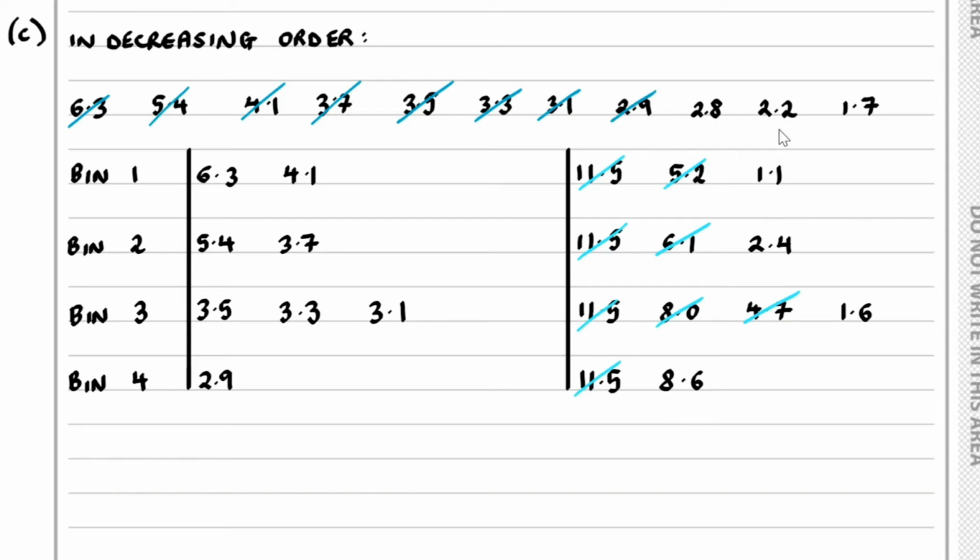We now take a look at the 2.8. There's not enough space in bin 1, bin 2, or bin 3, however there is enough space in bin 4. So we can place the 2.8 into bin 4, and the space remaining will be 5.8.